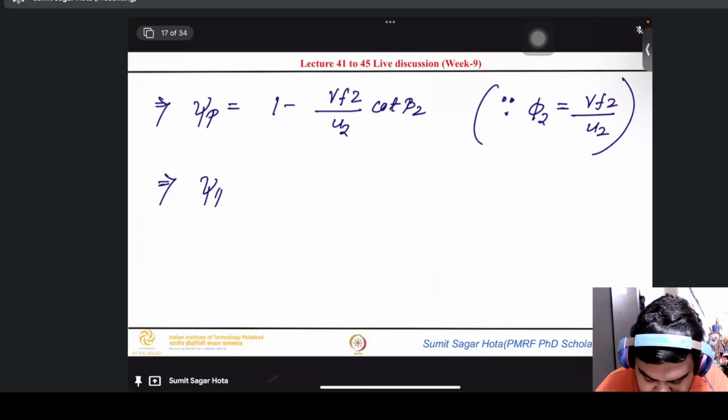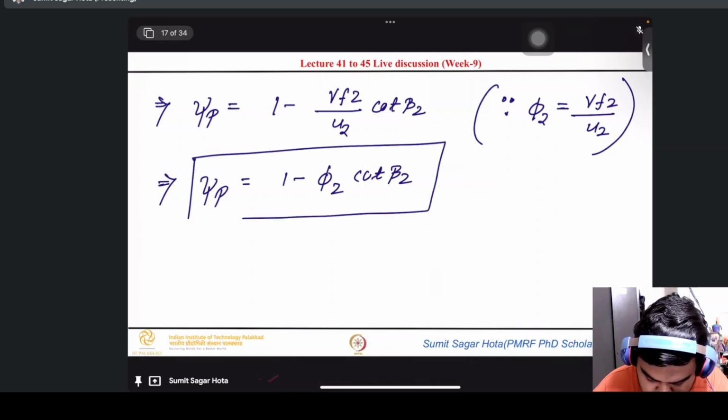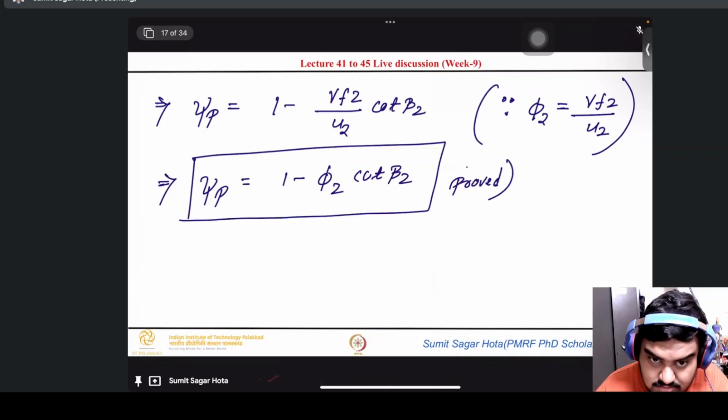Now what is your psi p? Psi p is equal to 1 minus phi 2 cot beta 2. Okay, this is actually now proved.